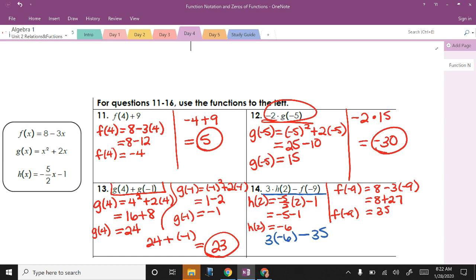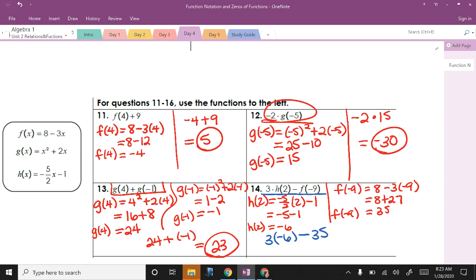h of 2 is a number. I already did that. I plugged 2 in for h and got negative 6. Okay. Back to the original. 3 dot h of 2 means 3 times h of 2. So it should be 3 times negative 6, and then minus f of negative 9, which is 35.